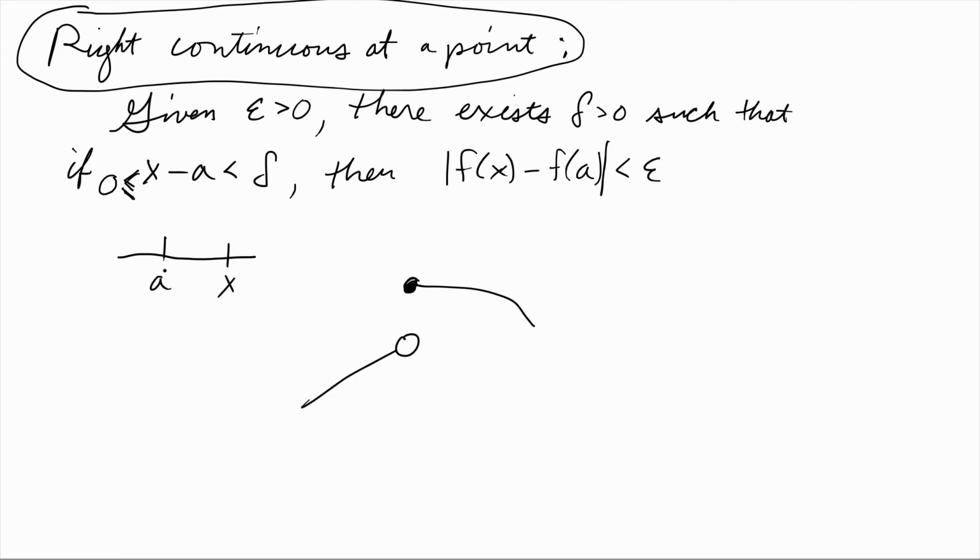With limits, we actually omit that or-equal sign, but for continuity, it's okay to keep it there. If we make an assumption that x equals a, well, it can't even be continuous unless a is in the domain itself, so we can even be thinking about this at all, and that's perfectly fine. Then we have that the absolute value of f of x minus f of a is less than epsilon, so we're in the fuzziness. So it's the same thing we were just talking about, but just on the right side.